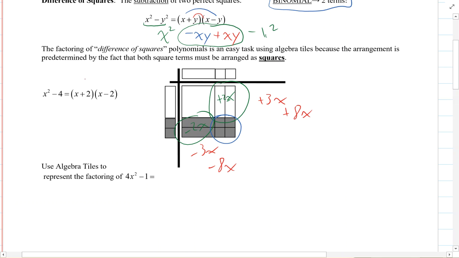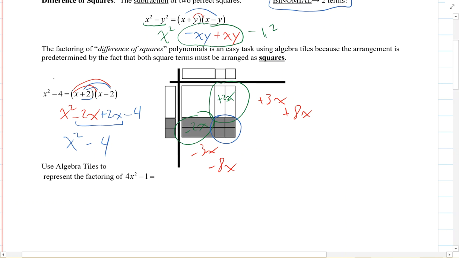So when we're looking at this multiplication, we would get x squared, and then we would get x squared minus 2x. Then from this multiplication, you would get plus 2x, and the last multiplication, you get minus 4. And so these would cancel out, and you get x squared minus 4.